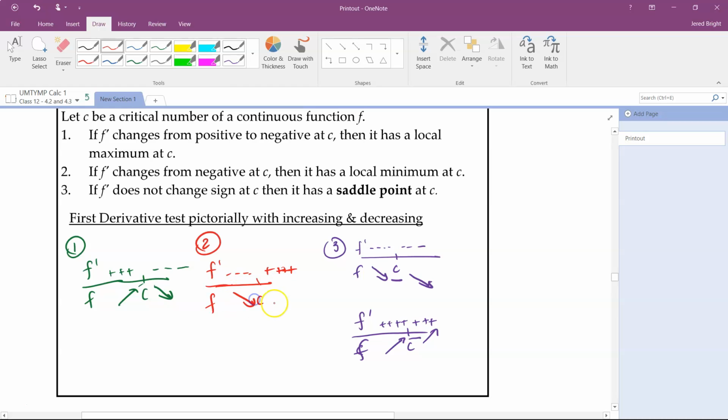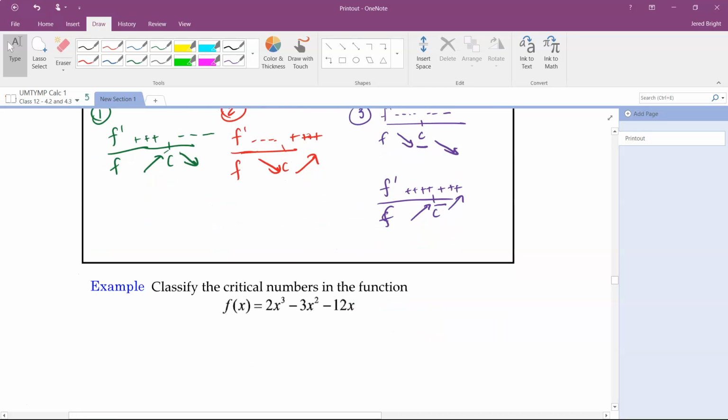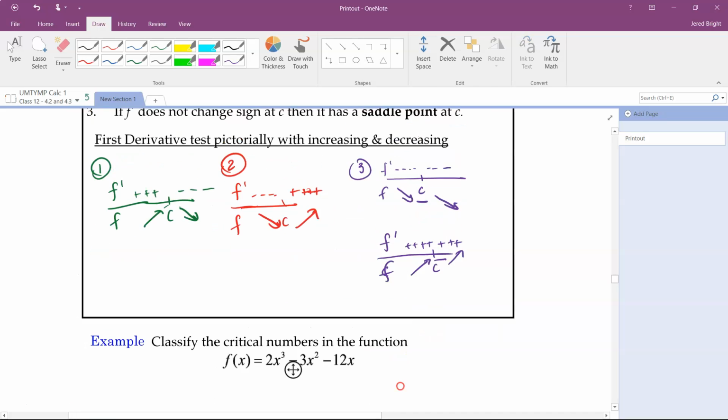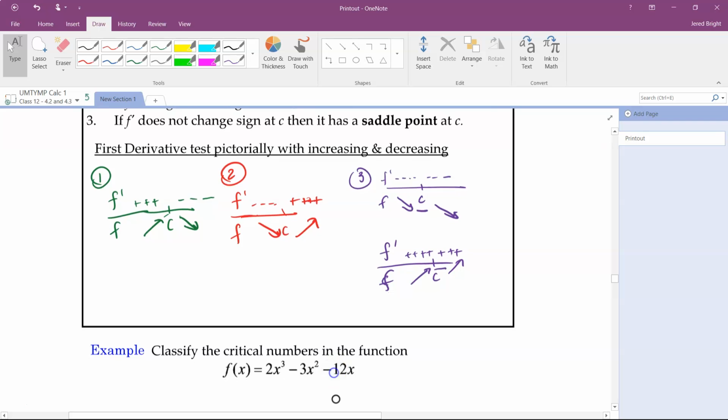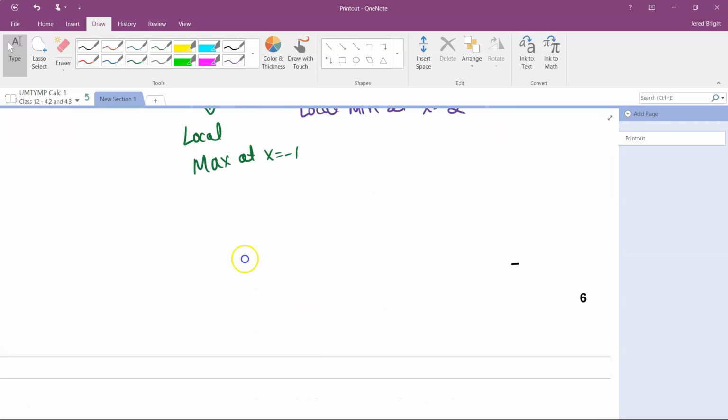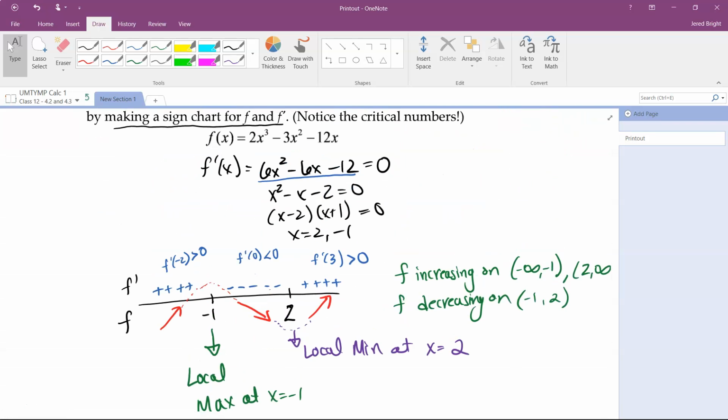So you have down to up. Okay, I'm not going to go through that because I went through that earlier, but we ended up classifying -1 as a local max because it changed from positive to negative, and 2 as a local min because it changed from negative to positive.